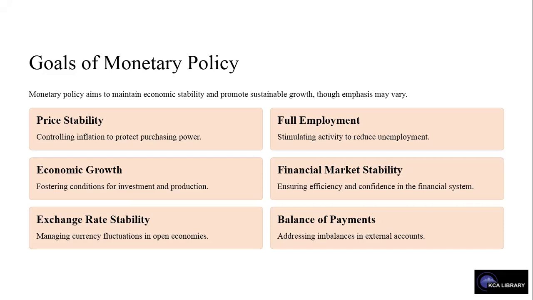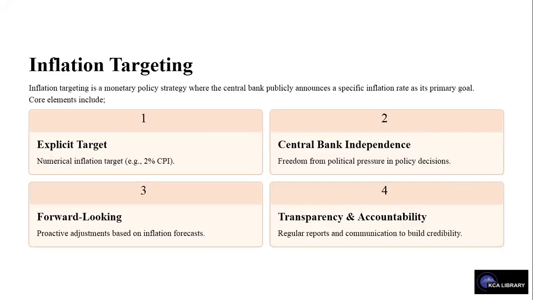As for economic growth, monetary policy aims to foster conditions for investment and production. As for financial market stability, it aims to ensure efficiency and confidence in the financial system. As for exchange rate stability, it aims to manage currency fluctuations in open economies. And as for the balance of payments, it aims to address imbalances in external accounts.